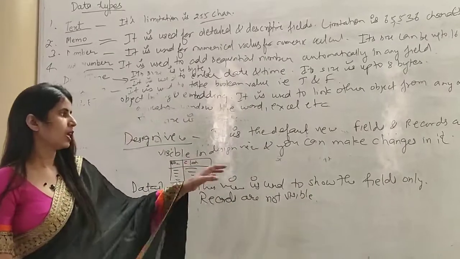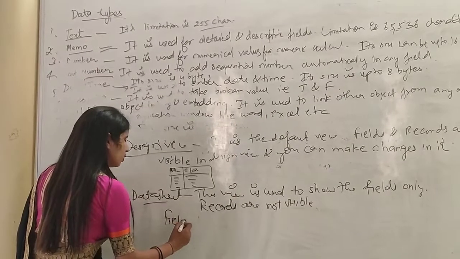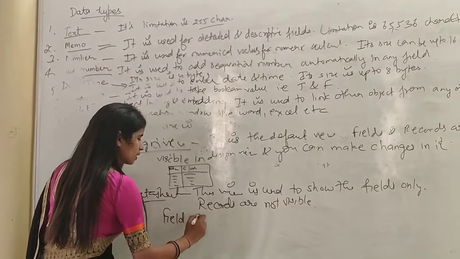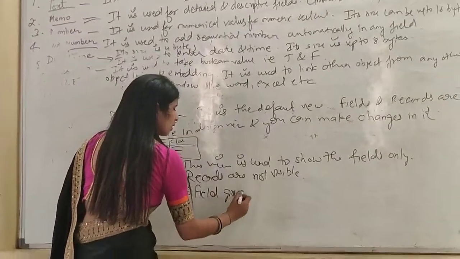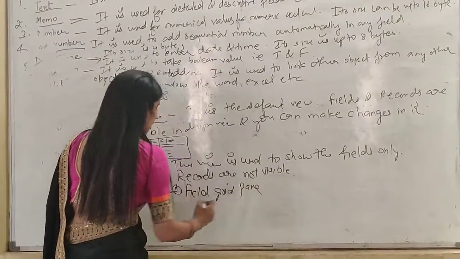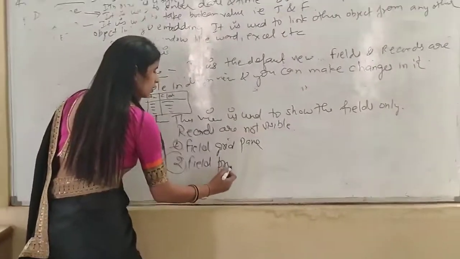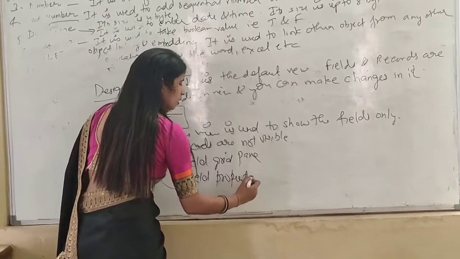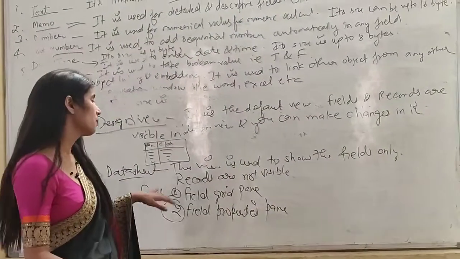Here only field is visible and field are divided into 2 parts. First one is field grid pan and second one is field properties pan.